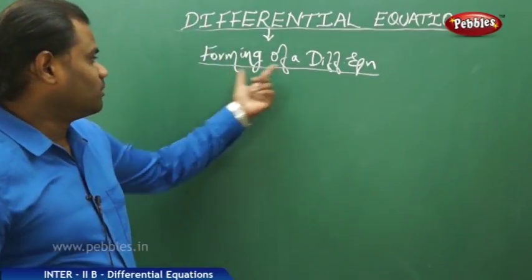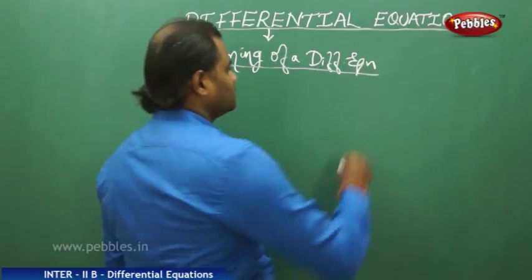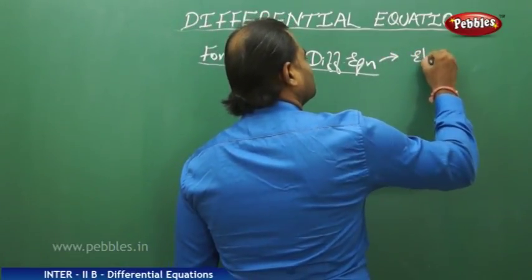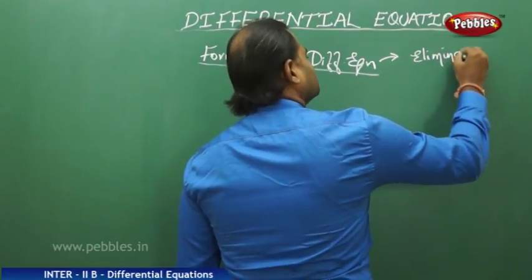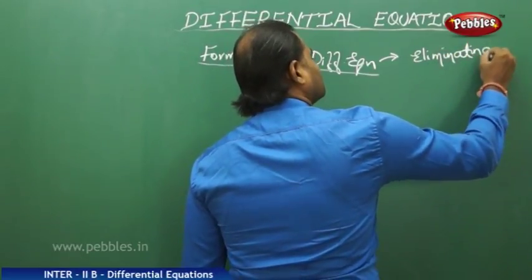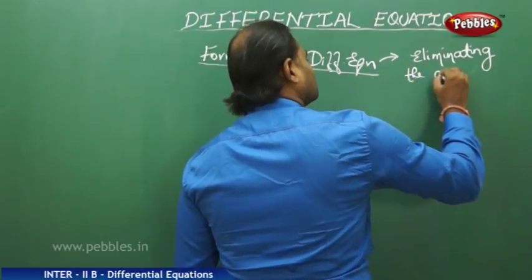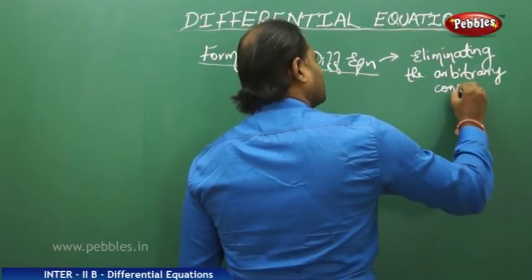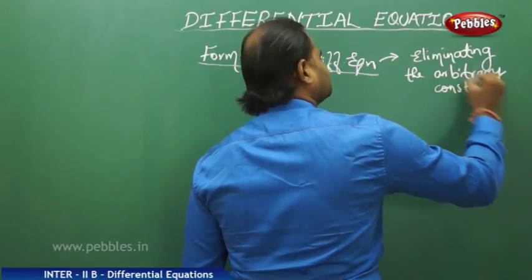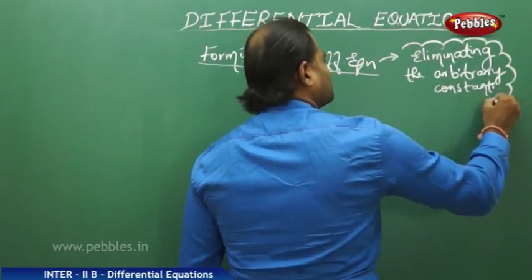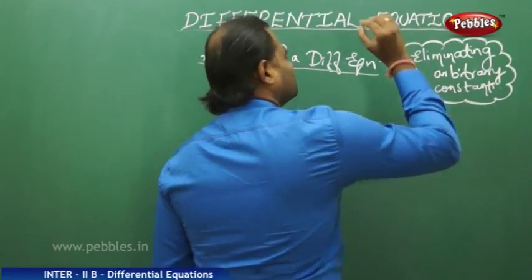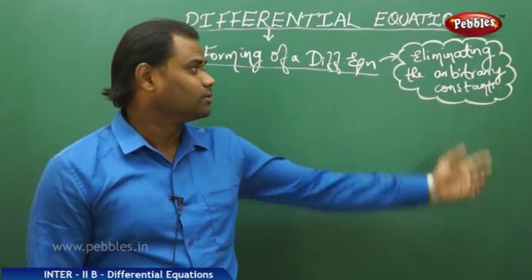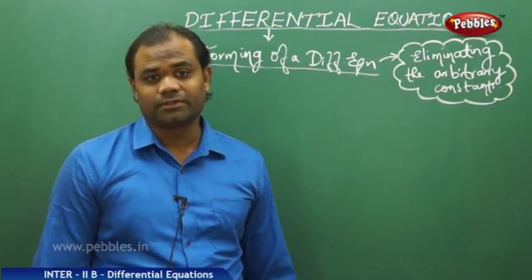That is, the forming of a differential equation is solely dependent on eliminating the arbitrary constants. This is how we understand the connection of forming a differential equation to eliminating the arbitrary constants.